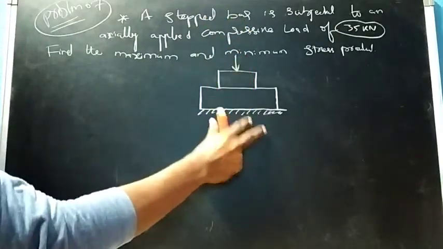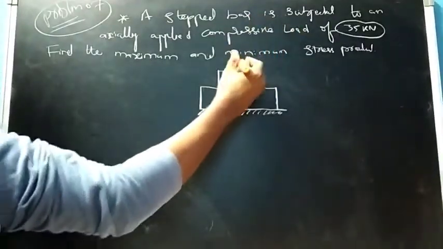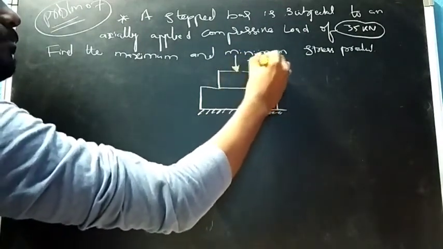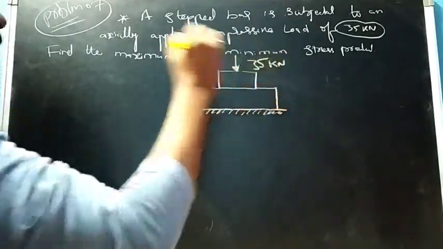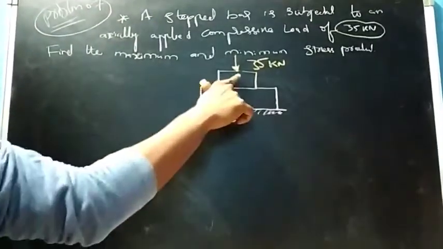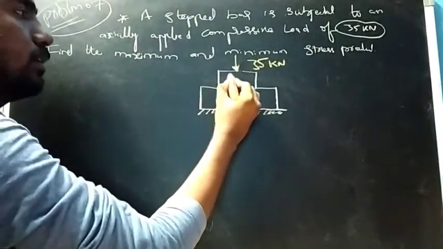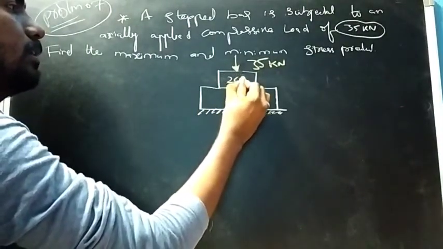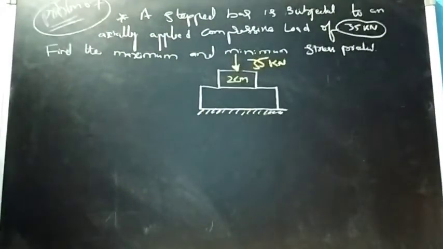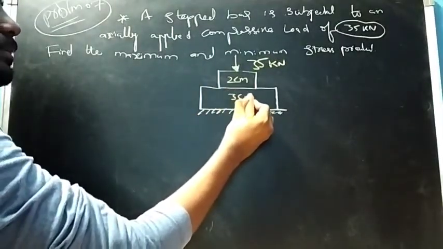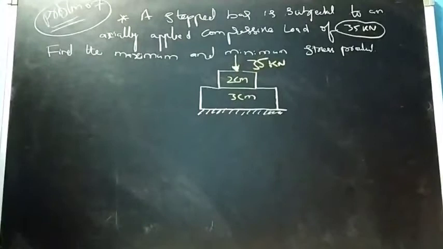So obviously it will become a compressive load. So that is 35 kilonewton, right? So now in the question it is given that this bar is having 2 centimeters of dia and this will be 3 centimeters, right? So this is the question.